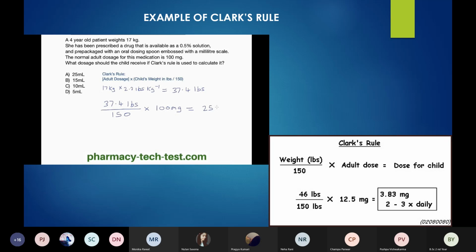Now we use this weight in the formula: weight divided by 150, into the adult dose. So 37.4 pounds divided by 150, into the adult dose of 100 mg, is equal to 25. So the dose that we have to give to the child is 25 ml.